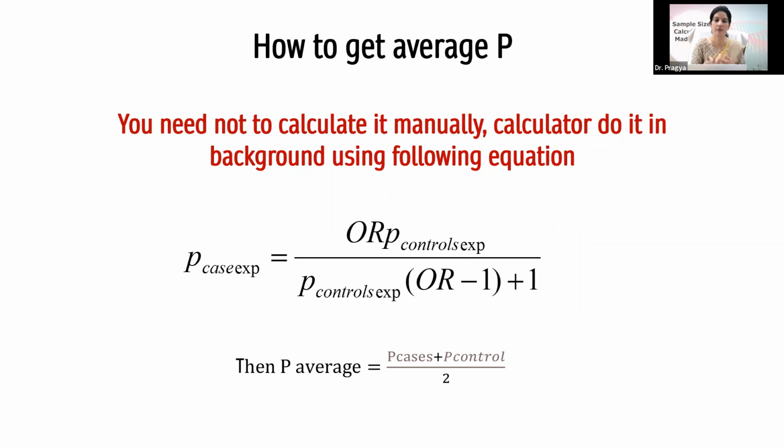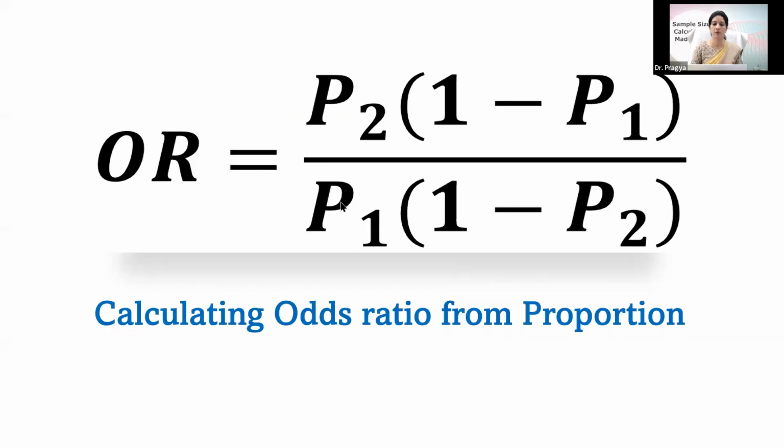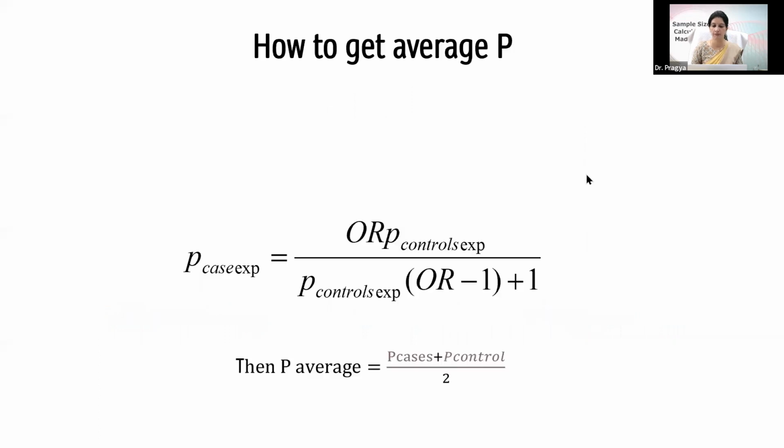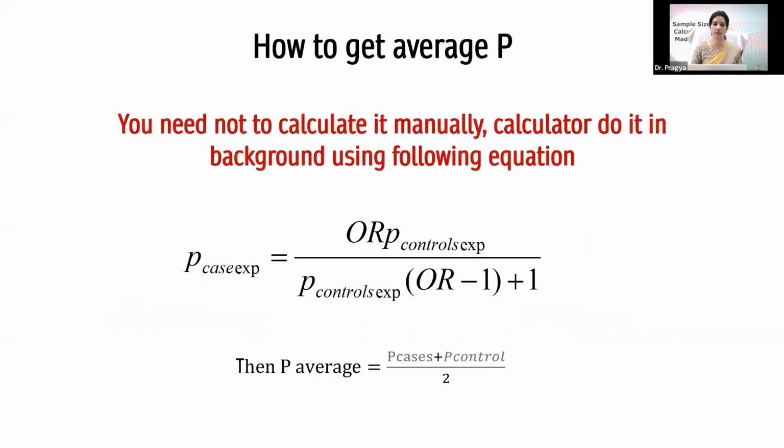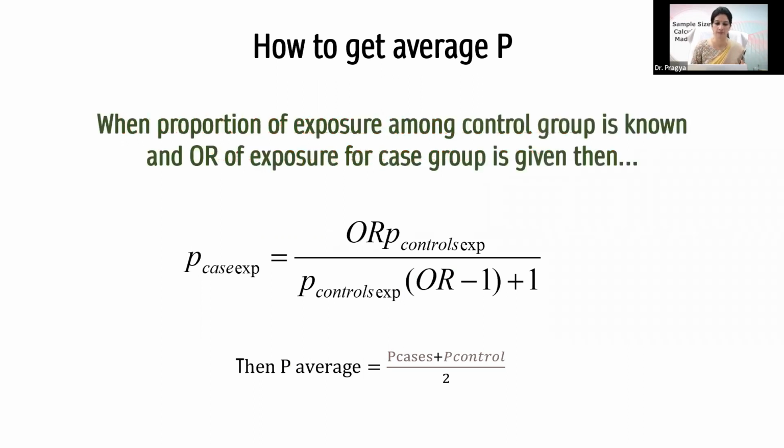So if you have to take the average one, then you take P cases plus P control divided by 2. And this is the same formula which you have seen. So remember this one. This looks simpler than this. But I am emphasizing many times that you need not calculate it. Just for background information, I am telling you.